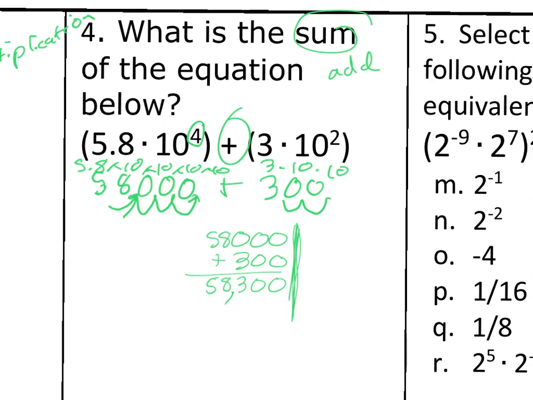Okay. Looking good. Now we need to convert this back to scientific notation. So if we got 58,300 here, this beautiful 58,300, hey, wait a minute, there is no decimal here. So how do you go to scientific notation without a decimal? And if there isn't one, where is it at?